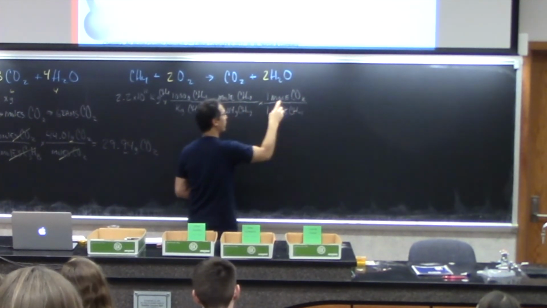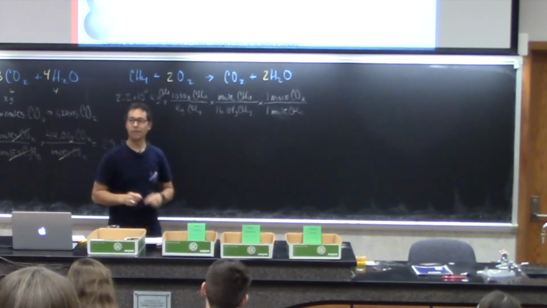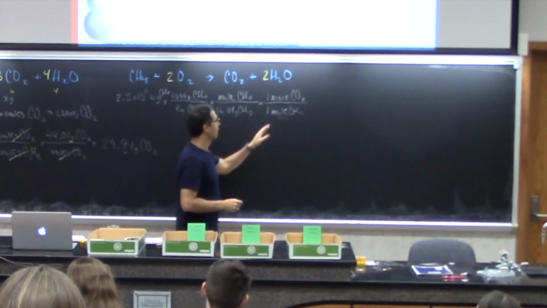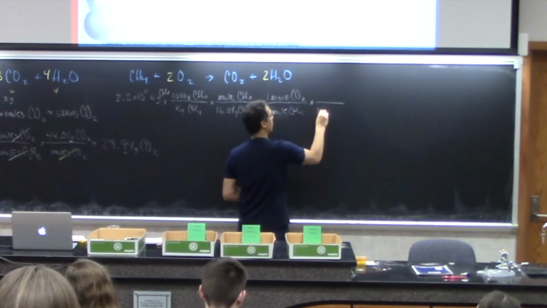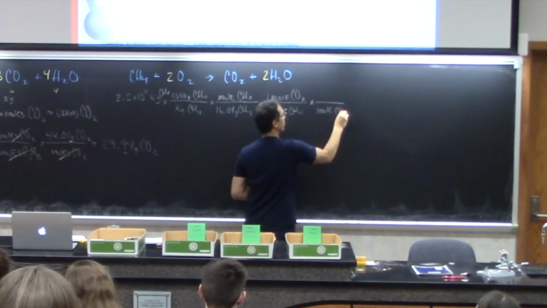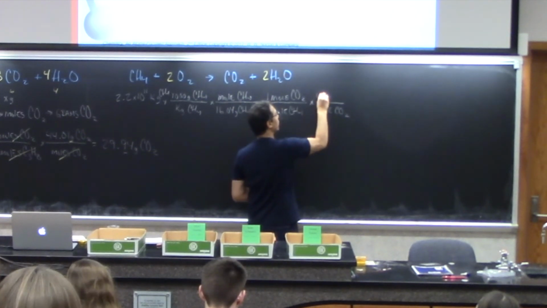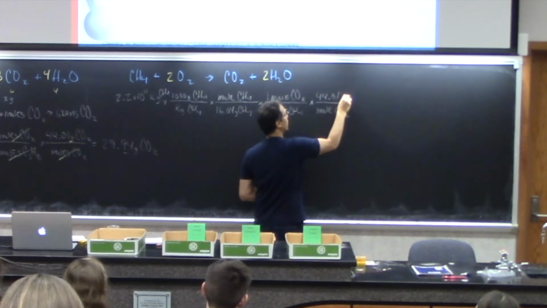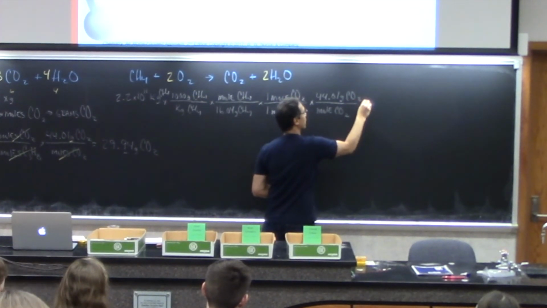So 1 mole of methane is 1 mole of carbon dioxide because it's a 1-to-1 ratio, okay? Convert carbon dioxide into grams, okay? 44.01 grams of carbon dioxide.